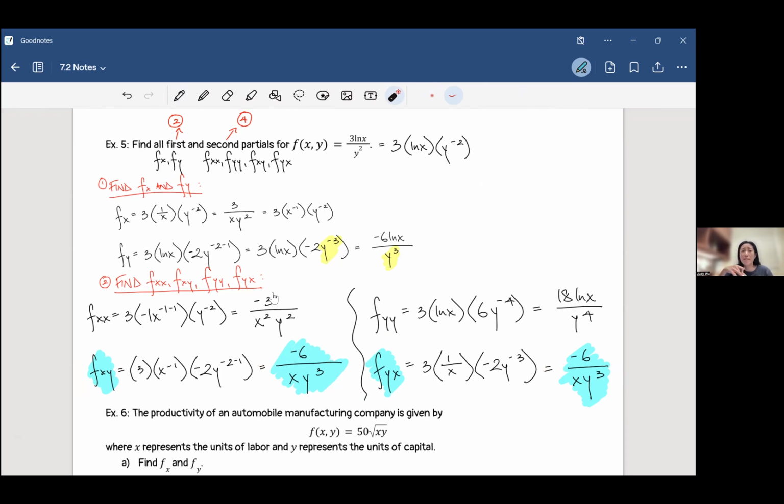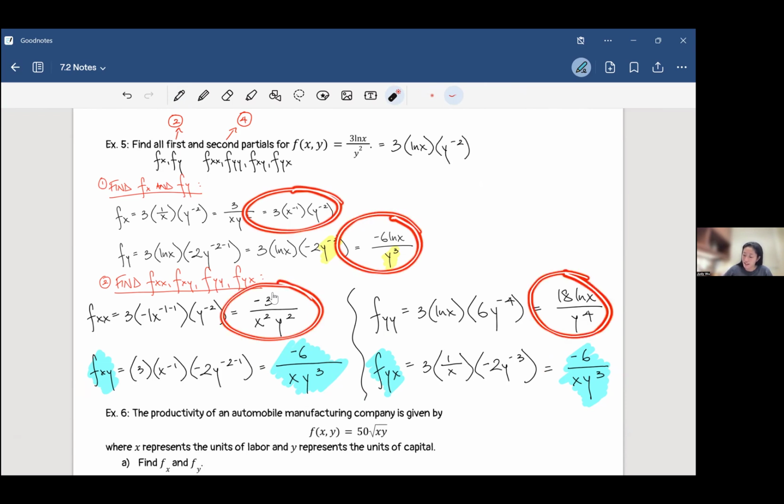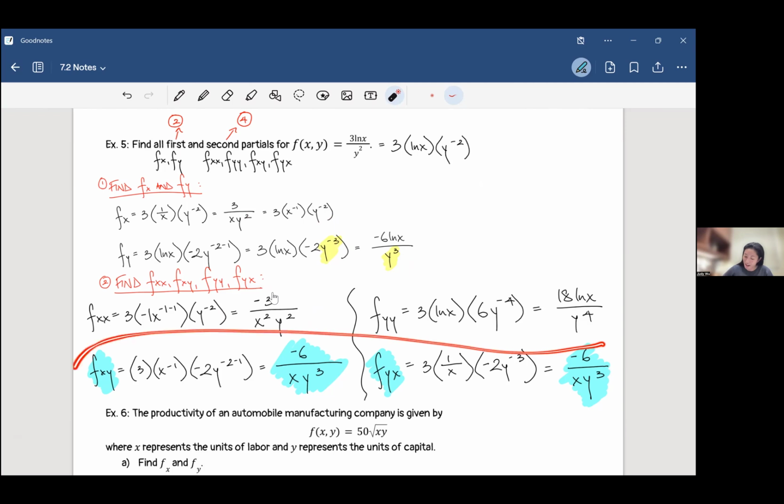So even though at the beginning I was like, we have 6 partials, right? 2 first partials, 4 second partials. 2 of those second partials are the same. So we really have our fx, our fy, our fxx, our fyy, and then our fxy, which is the same as our fyx. Okay, so kind of cool if you think about that.